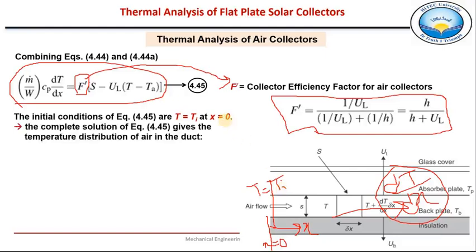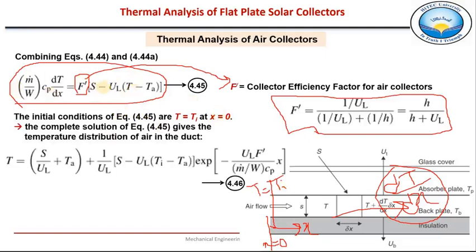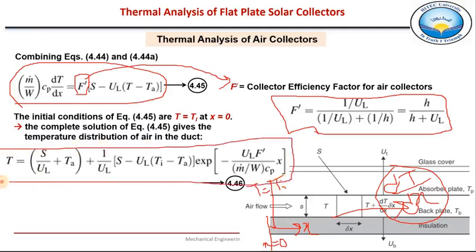Solving this differential equation gives us the temperature of the fluid in the x direction. By solving equation 4.45 using this initial condition, and after simplifying, that is the equation which we get, representing the temperature of air at any x.